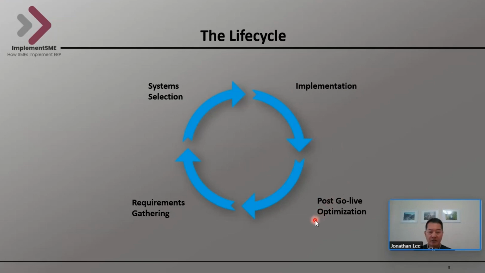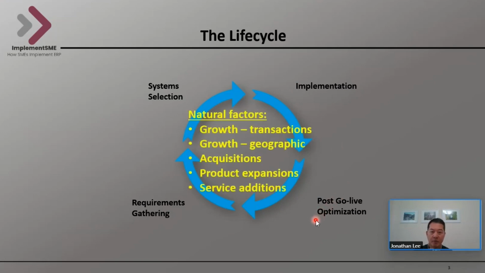But then things change. Here are some common ones. You grow in revenue and transaction volume. You grow geographically, maybe add some international territories. You acquire a company, or you are acquired. You expand product lines, or you have products, and now you're also going to offer services. Maybe you do field repairs, depot, etc. But business is a continuously changing cycle. So we say that the ERP life cycle is never over.